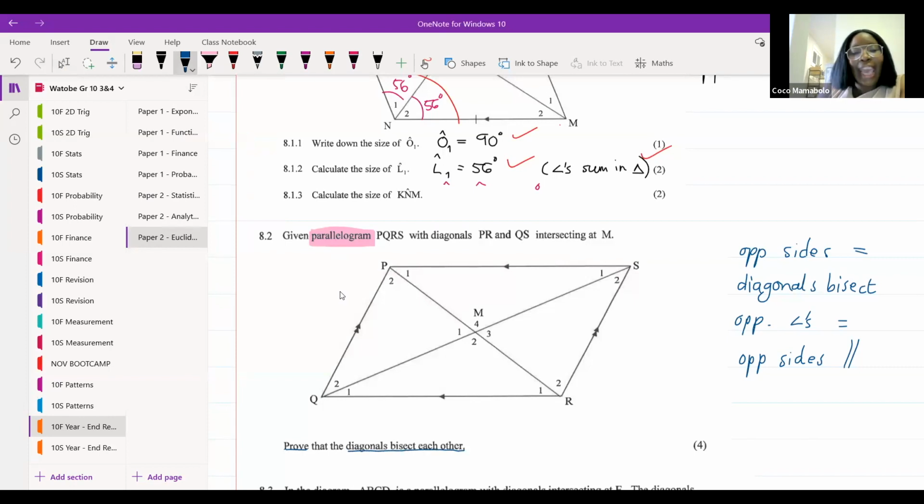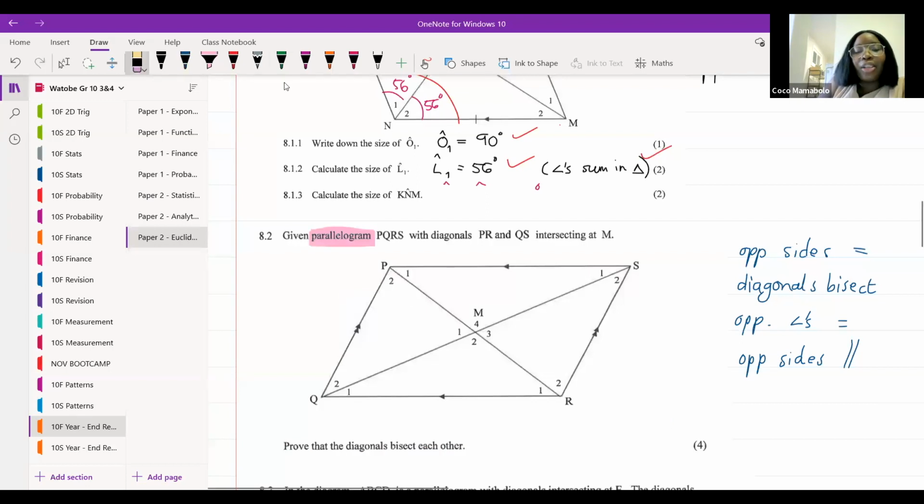So can we automatically say that the diagonals bisect because it's a property of a parallelogram? Can we just say diagonals bisect? No, we can't. We can't just say properties of a parallelogram, because that's the one thing we're trying to prove.